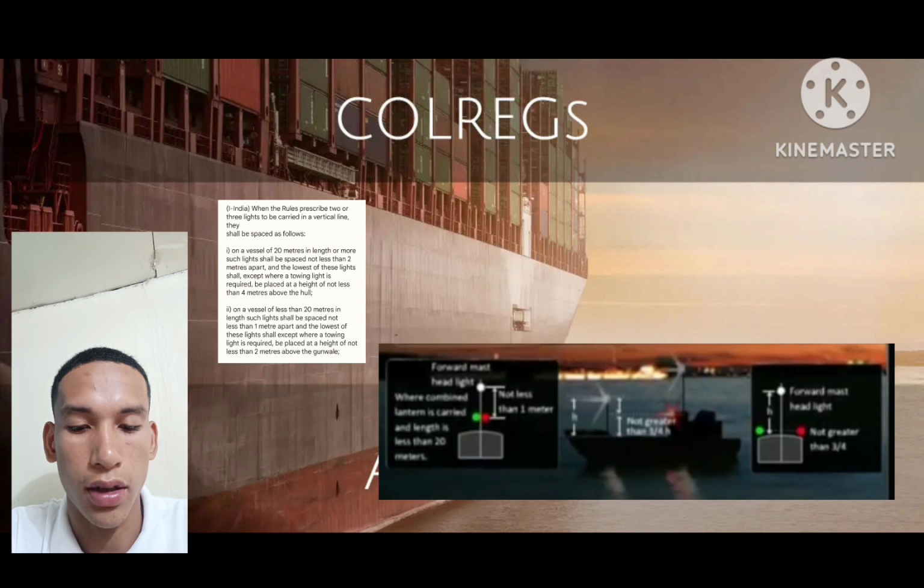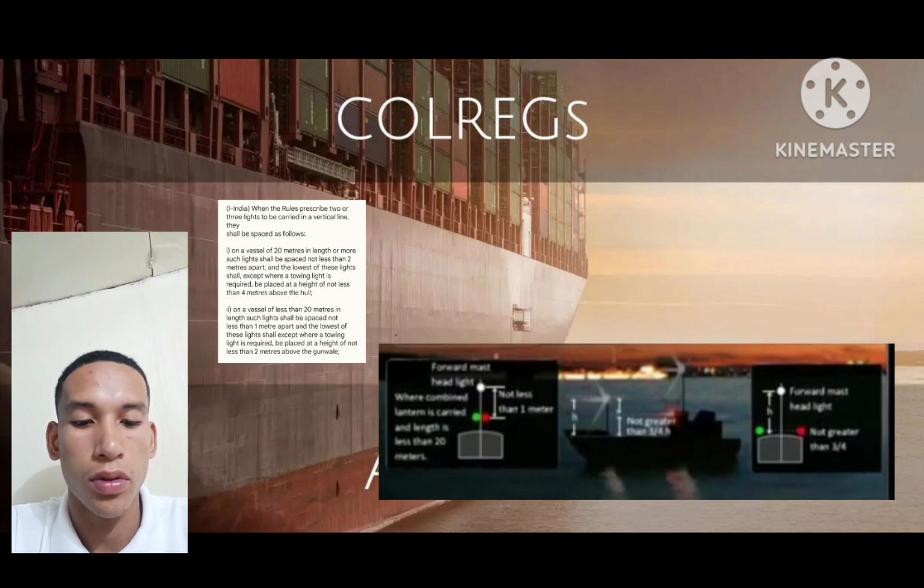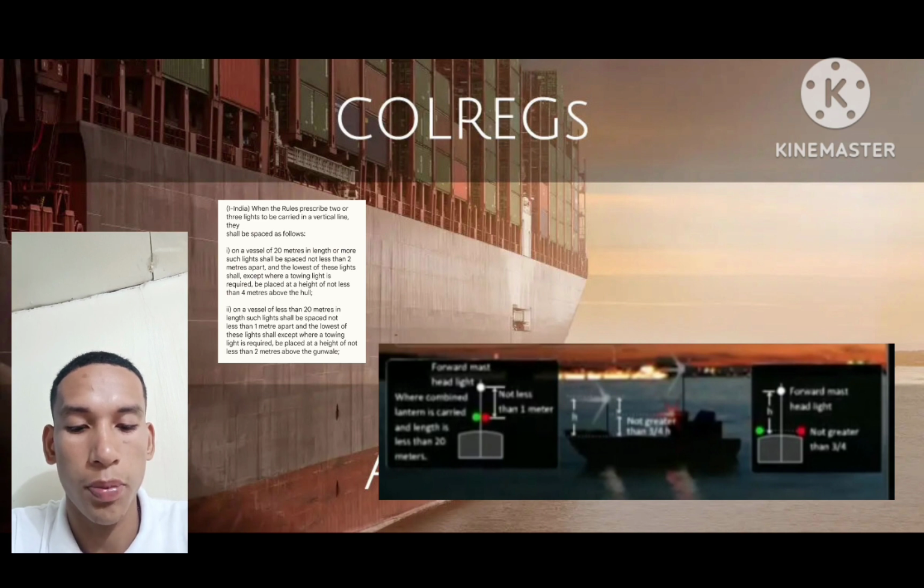I is for India. When the Rules prescribe two or three lights to be carried in a vertical line, they shall be spaced as follows. On a vessel of 20 meters in length or more, such lights shall be spaced not less than 2 meters apart, and the lowest of these lights shall, except where a towing light is required, be placed at a height of not less than 4 meters above the hull.